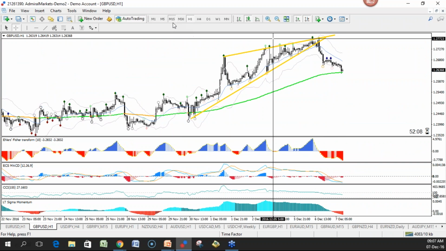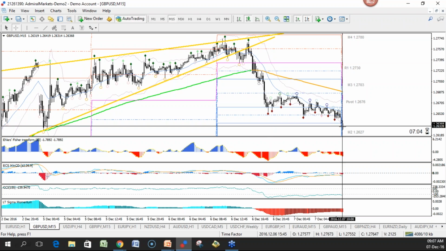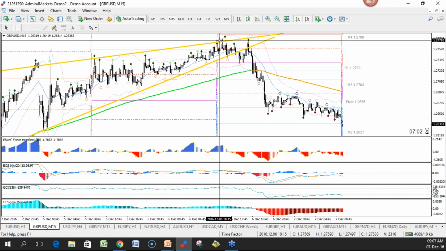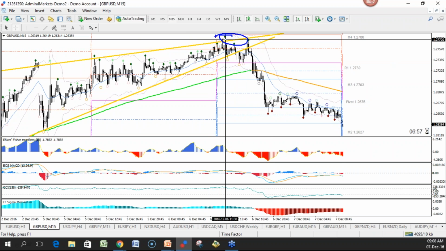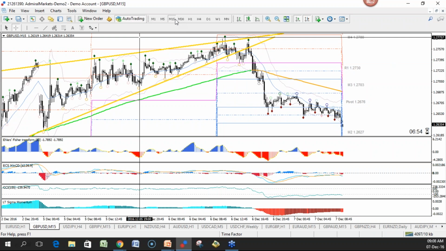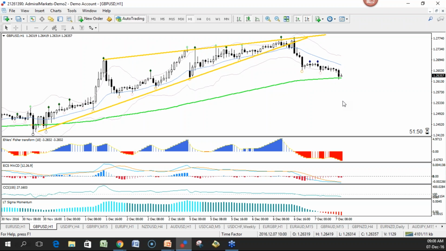Now, my observation is that there is some divergence between these bottoms. There are 5 waves down. From a wave perspective, I think there could be a bit of a bounce and an ABC rally here, but it shouldn't break above this top. Price has also reached the long-term moving average. So there could be a few pips lower still.